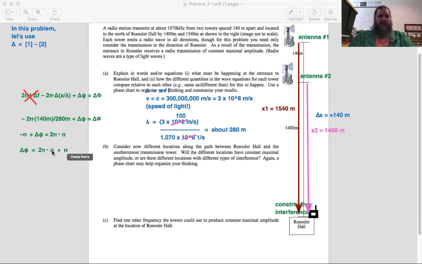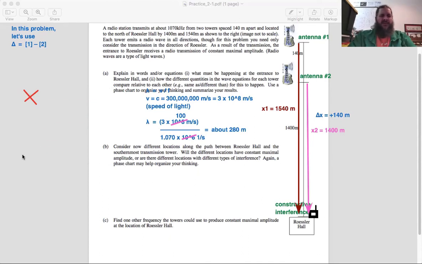If you factor a pi out of these two terms, what's left? Yeah, 2n plus 1.